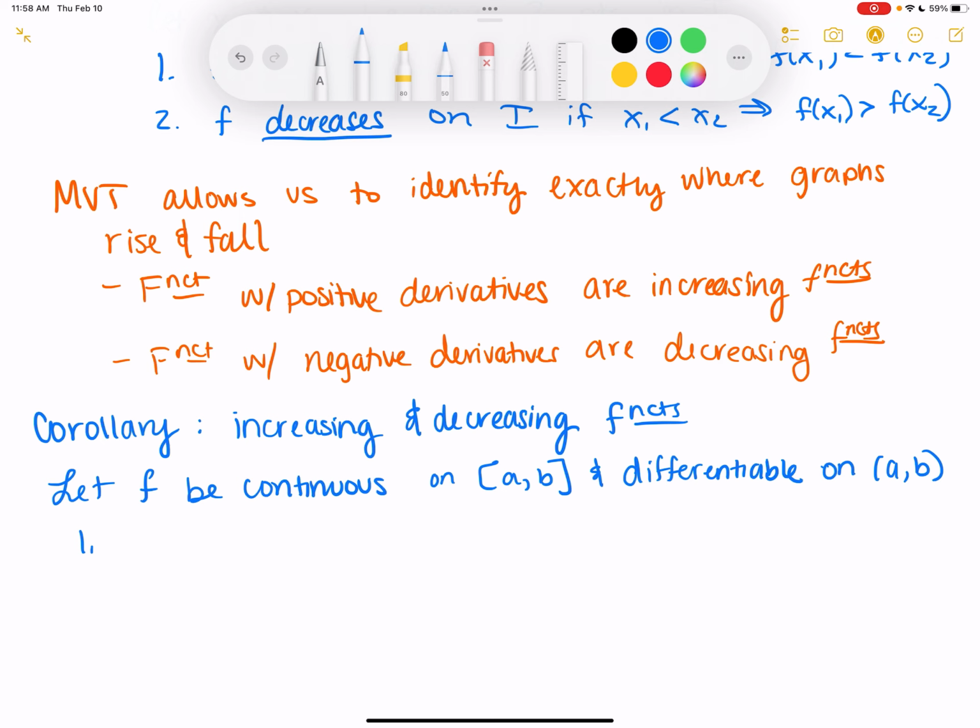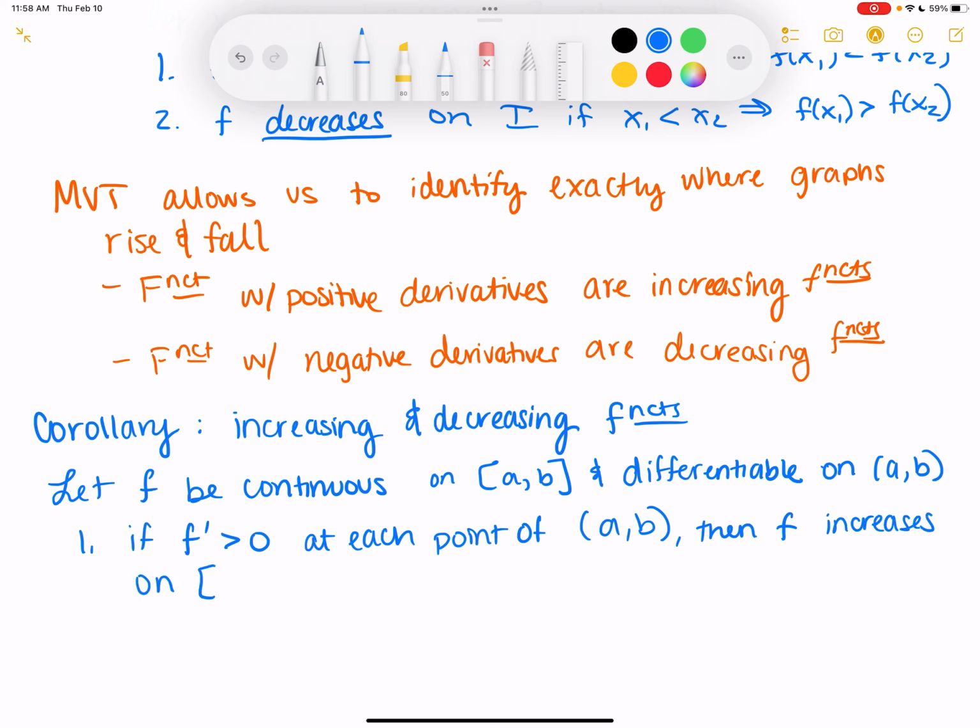Then the first option, if f prime is greater than 0 at each point of the open interval a to b, then f increases on a to b.